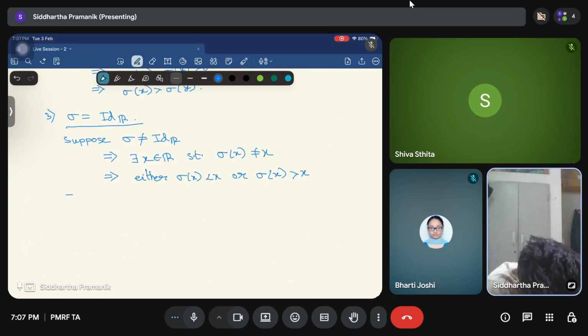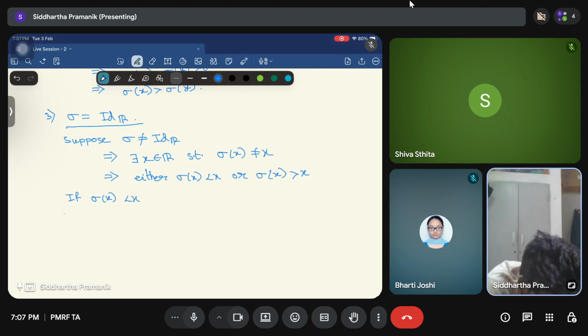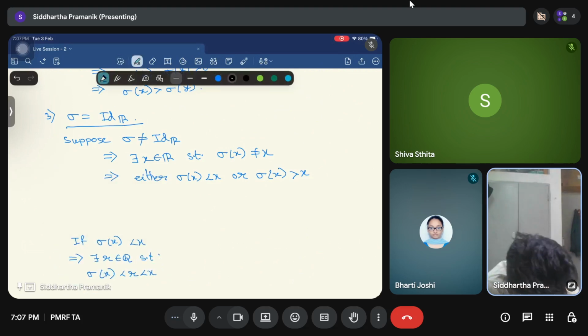But if sigma x is less than x, we know that rational numbers are dense in the real numbers. So let's use that fact. So this implies there exists a rational number r such that sigma x is less than r, which is less than x. Okay, so let me write down that. So we know Q is dense in R, right?